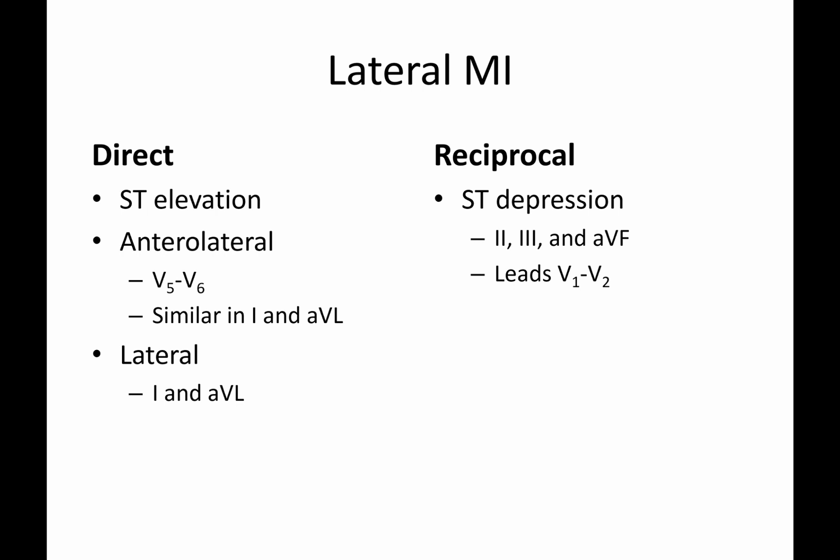Lateral MIs. So that's going to be that far side of the part of the heart on the left side. You will see your ST elevation with inverted T waves in those lateral leads. And so an anterolateral would include V5, V6, and you would see similar changes in 1 and AVL.